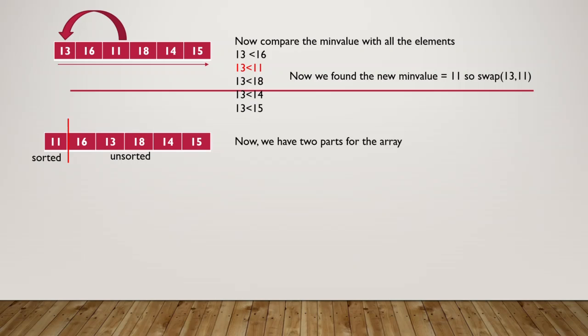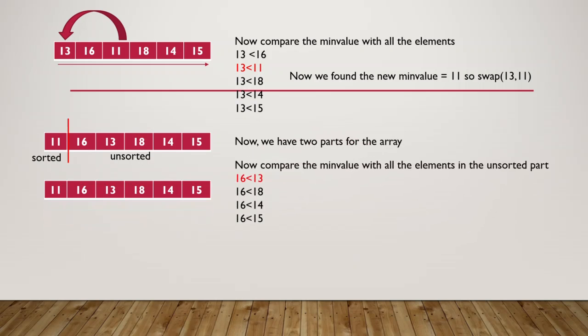So 11 is already sorted and it is a fixed value, so we'll never sort it again. Now 16 becomes the first index. Again we'll be looking for the next least element, keeping 16 as the min value. Now compare the min value with all the elements in the unsorted part.